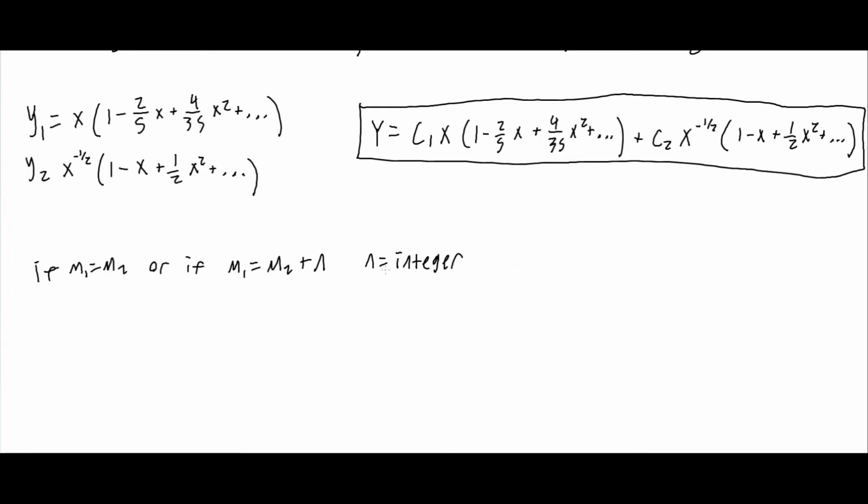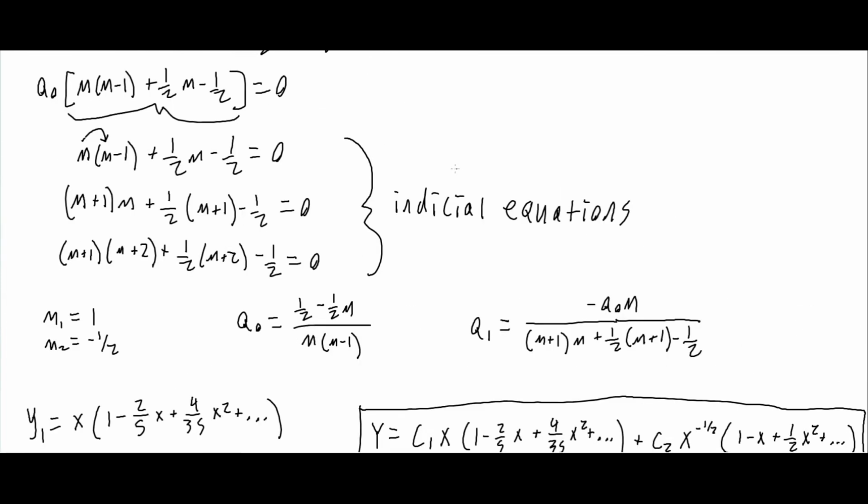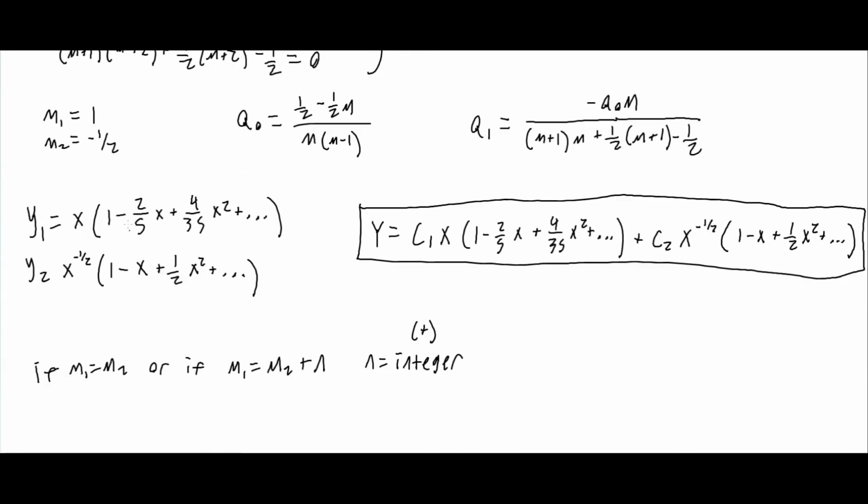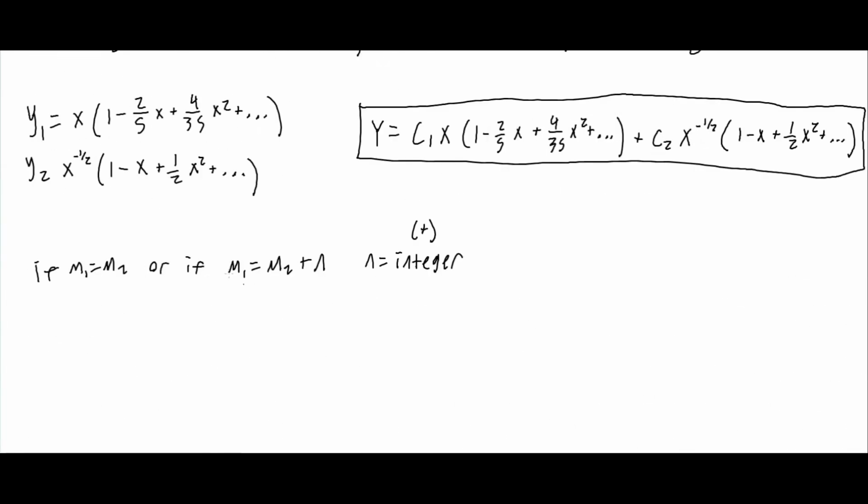So we'll just say an integer. But anyway, if the m1 and m2 that we got from our initial equations up here were equal to each other or some integer multiple of each other, then it's possible that there is no second solution.